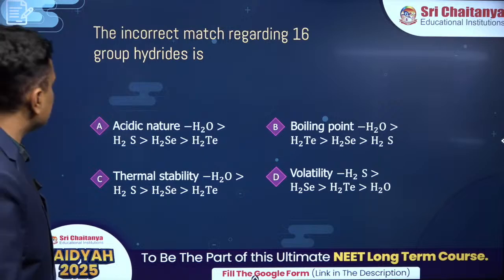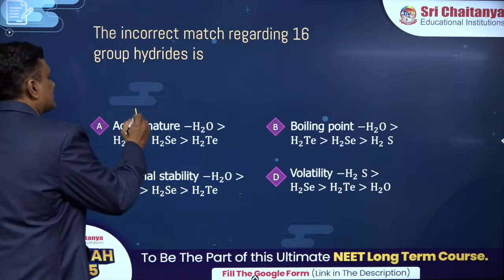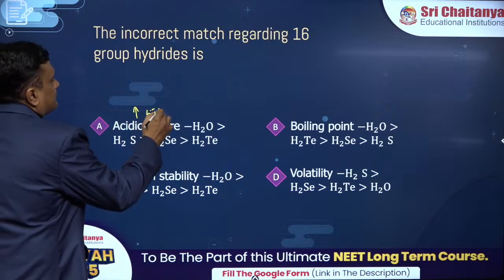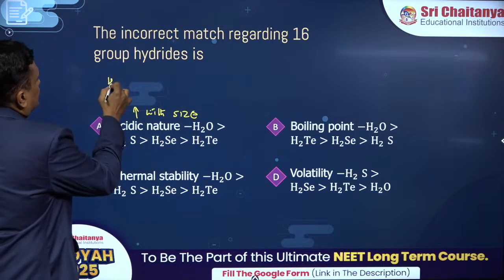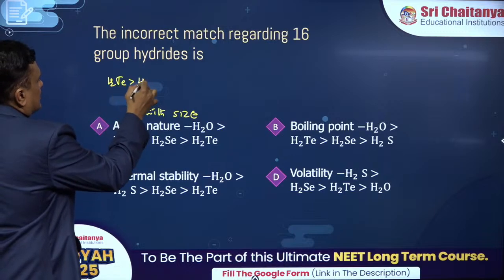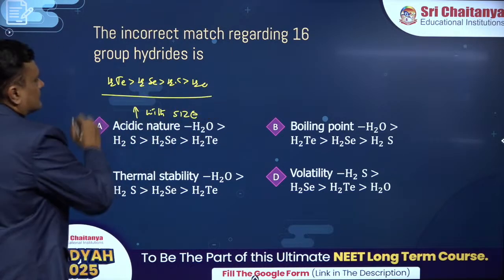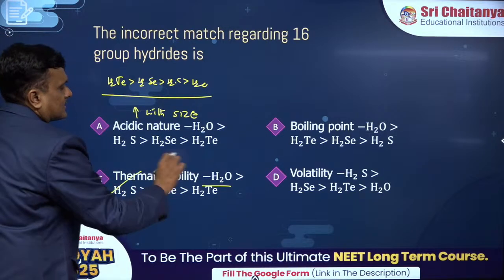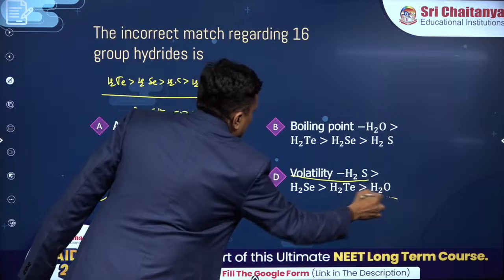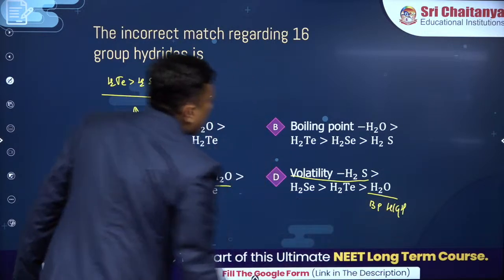Now you see the incorrect match. Acidic nature in a group, remember, increases with size. So you got your answer right here itself, because the correct acidic strength order is this. Thermal stability increases with electronegativity. This is correct. Volatility: H2O, because of hydrogen bonding, the boiling point is high.